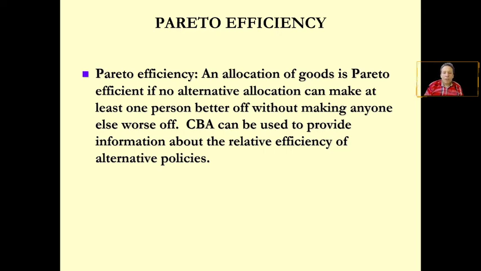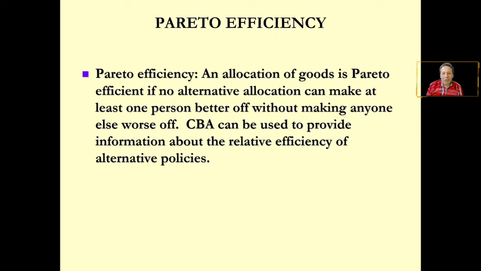An example of this can be HS2. If you decide what is the path of the HS2, you try to make at least one person better off without making anyone else worse off.